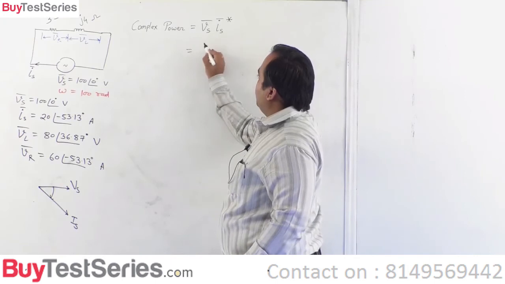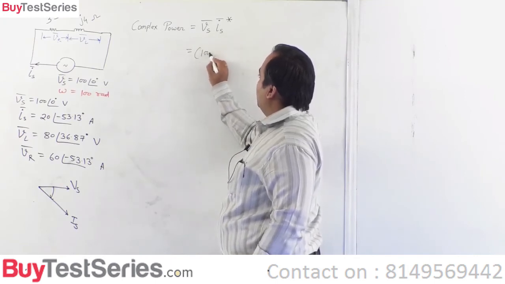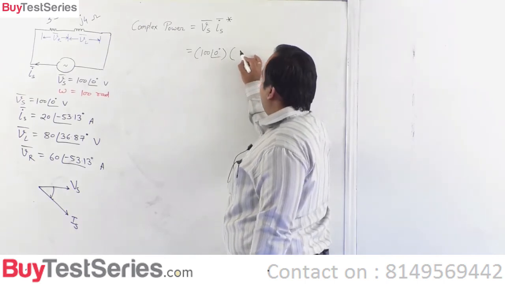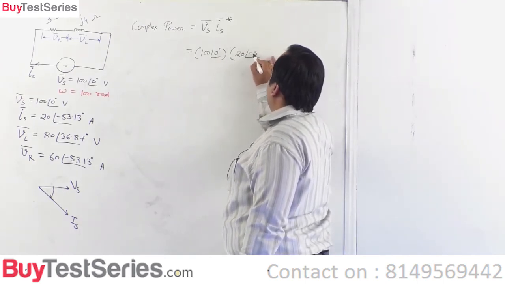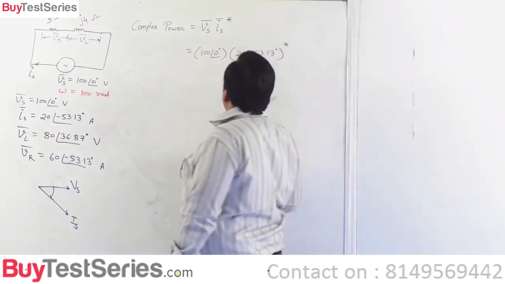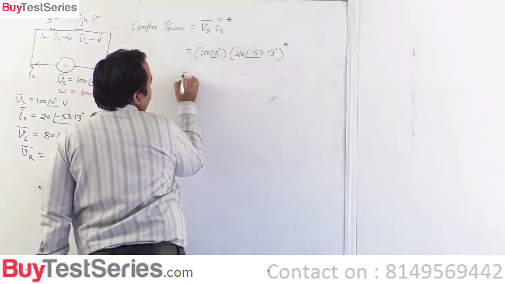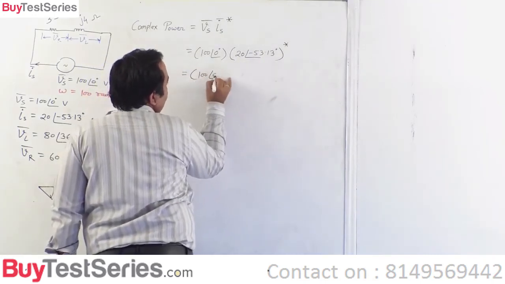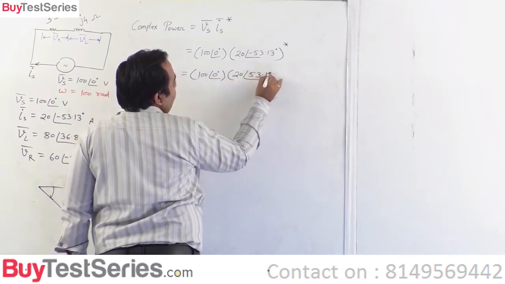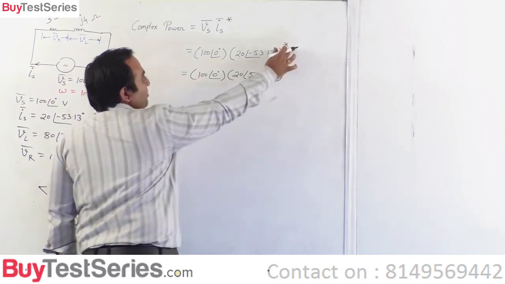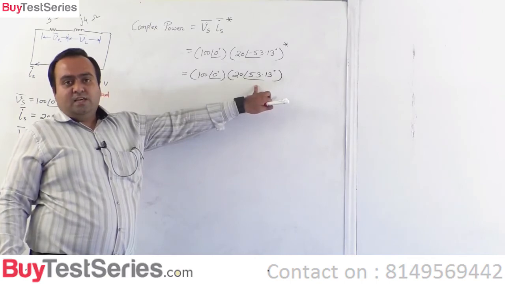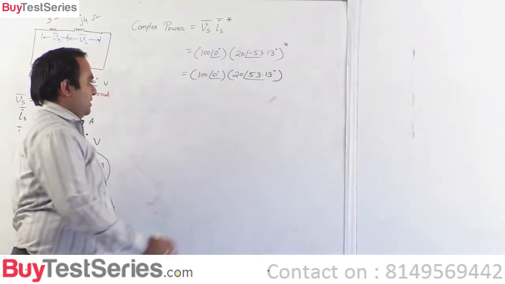We multiply these two phasors, so this is 100 angle 0 degrees and this is 20 angle minus 53.13 degrees, but conjugate. So when you take the conjugate, this angle turns plus, so 100 angle 0 degrees, 20 angle 53.13 degrees. So just to remove this asterisk, we are changing the phase, minus sign is converted into plus sign.